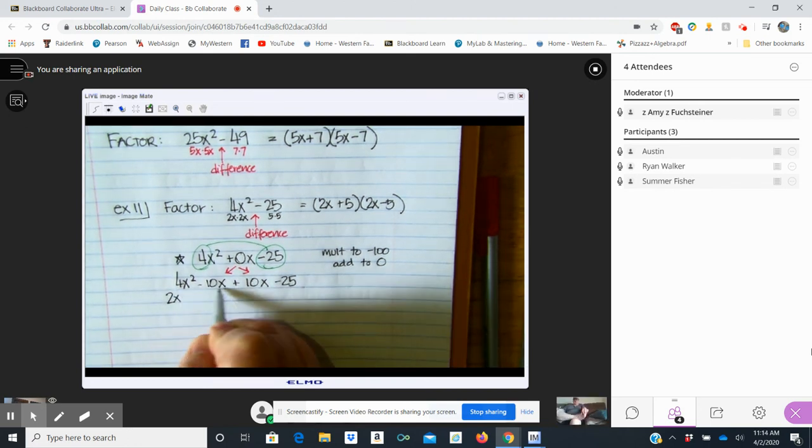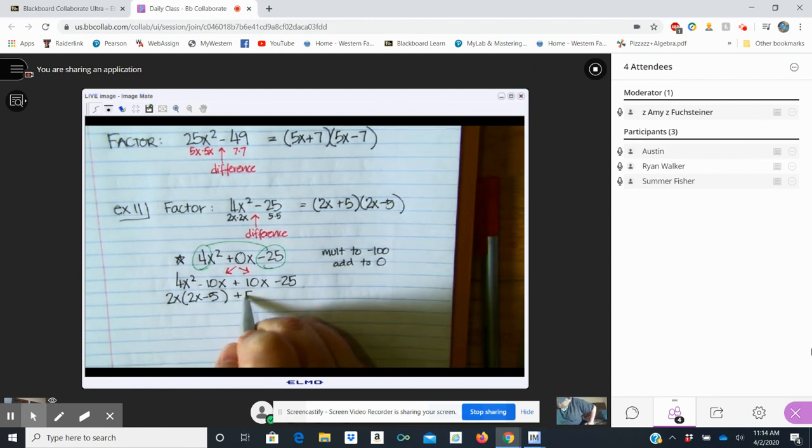I'll pull 2x out of the first two terms, and I'll pull a positive 5 out of the last two terms.